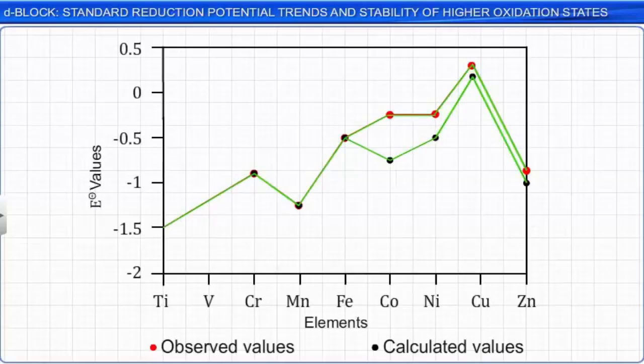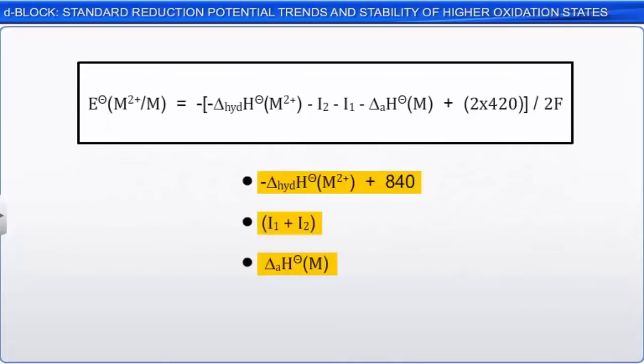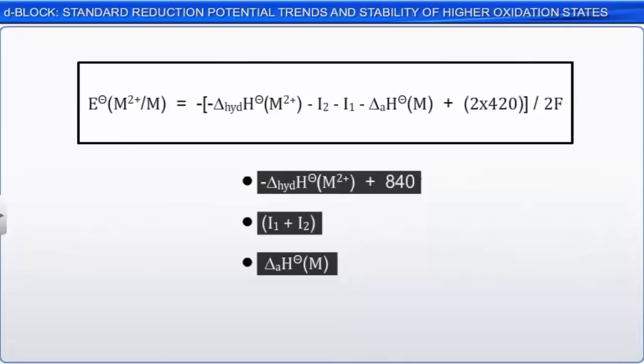The M2+ to M reduction potentials have enthalpic contributions from the terms in the equation shown here. The equation indicates that the magnitude of the reduction potential is governed by the values of three relatively large terms: the negative enthalpy of hydration of M2+ plus 840, the sum of the first and the second ionization enthalpies, and the smaller term, the enthalpy of atomization.